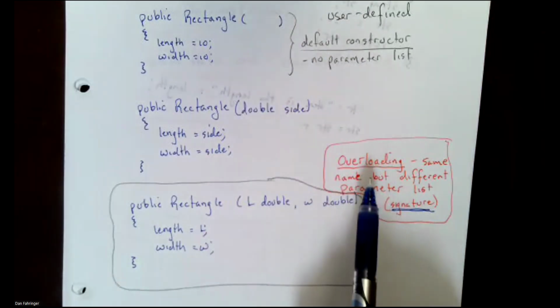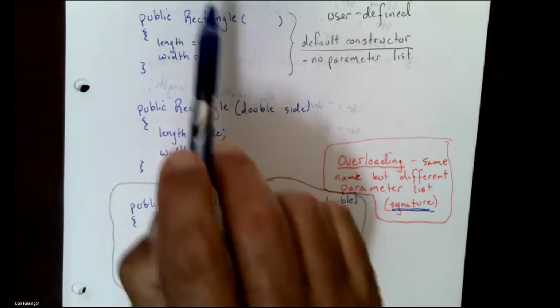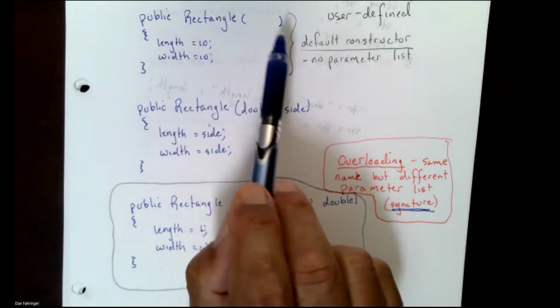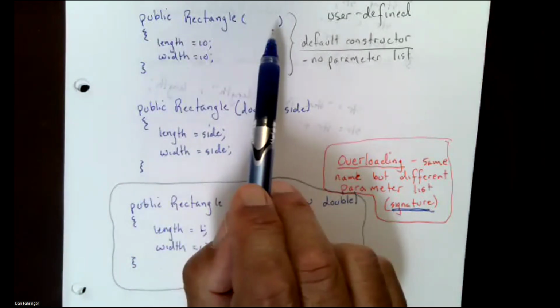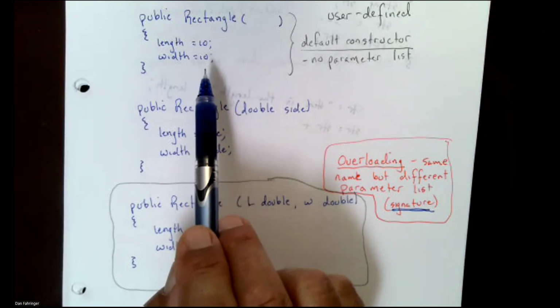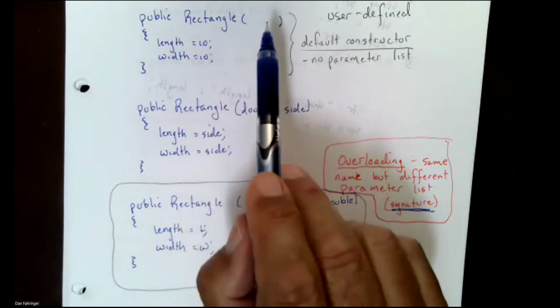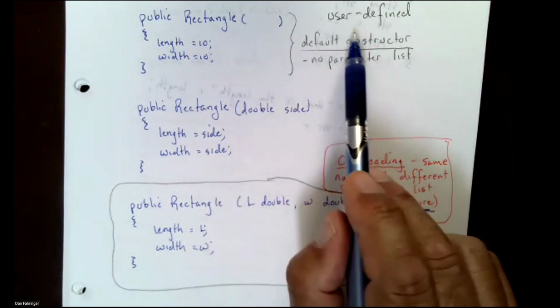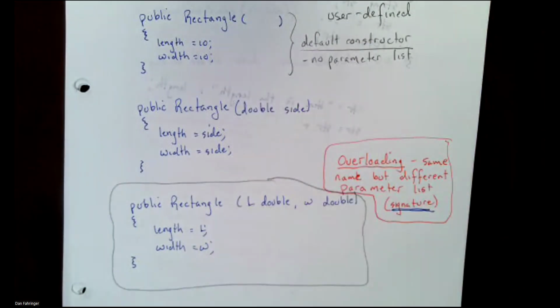And we get into overriding versus overloading. But overriding is saying, hey, replace that one that exists somewhere, the default one, because I want to give initial values of 10 and 10. You notice there's no parameter list. This is called the user-defined default constructor.